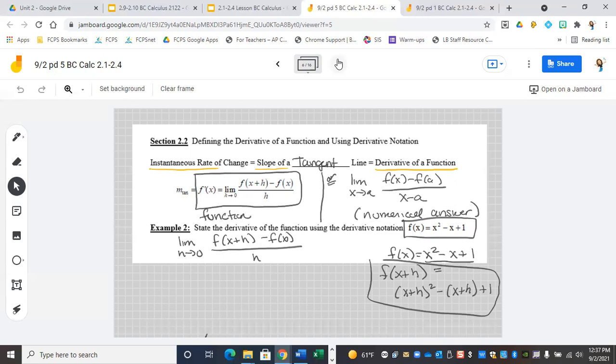So now we're ready to take my f of x and my f of x plus h and plug it into the definition of the derivative. So the limit as h approaches 0. My f of x plus h I found to be x plus h to the second minus the x plus h plus 1. Remember, all of this right here is my f of x plus h.